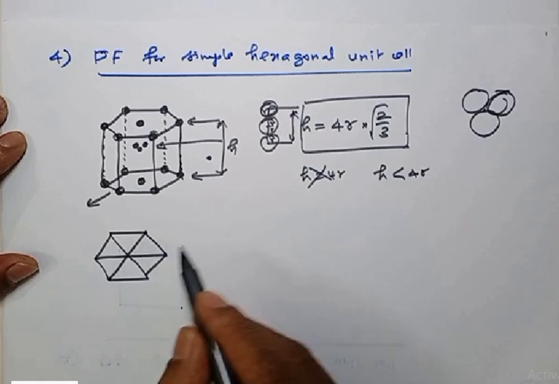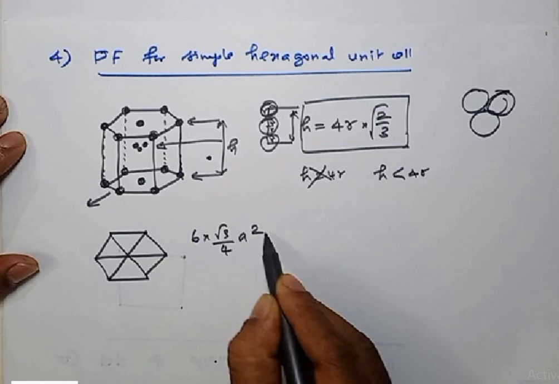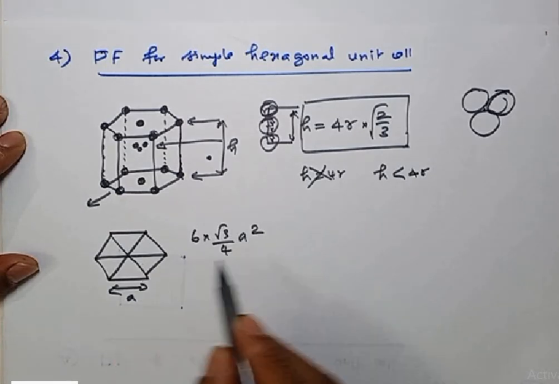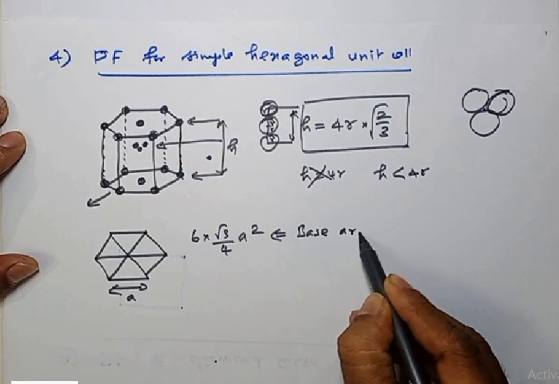So we have 6 triangles like this, so 6 times root 3 by 4 times a squared, where a is the edge length. So this is the base area.